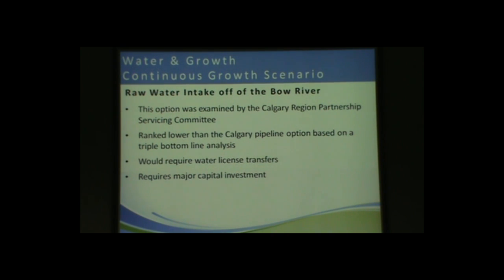The raw water intake would require water license transfers, and the City of Calgary have indicated that they would be happy to supply treated water, but at this point they would not entertain considering any water license transfers. So new water licenses would be required if there was an intake constructed off of the Bow River. And this would require some fairly major capital investment for a new raw water intake.